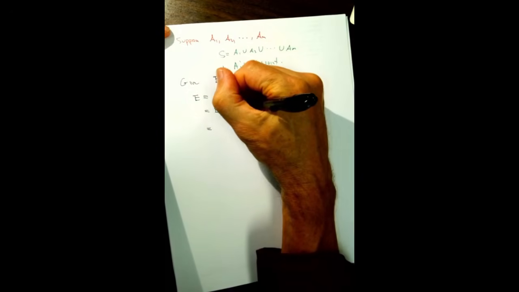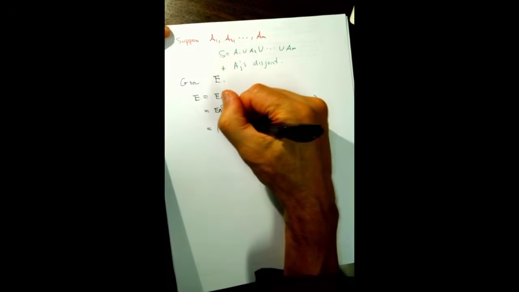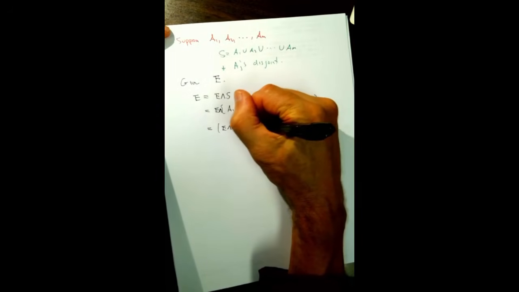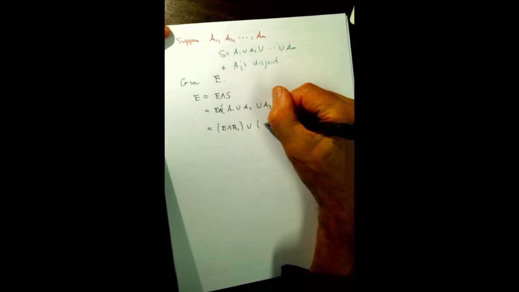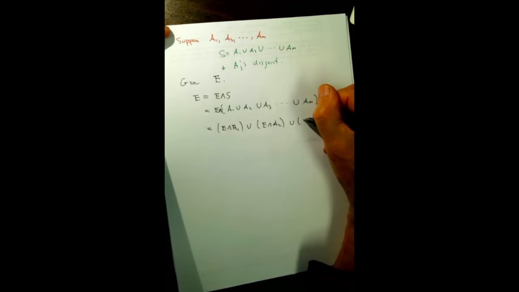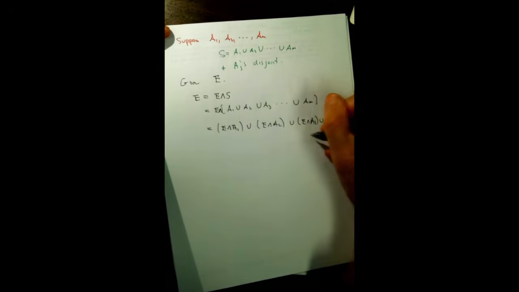So be careful, this is intersection. So this becomes E intersection A1 union E intersection A2 union E intersection A3, and this just keeps going on until I get E intersection AM.